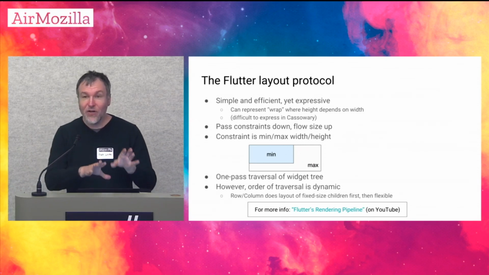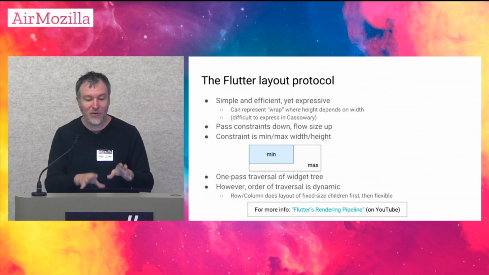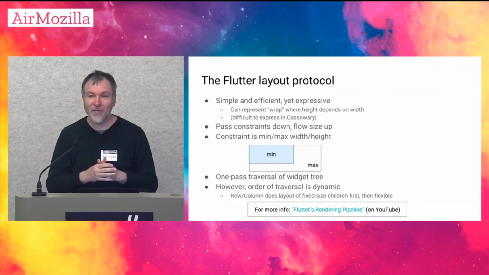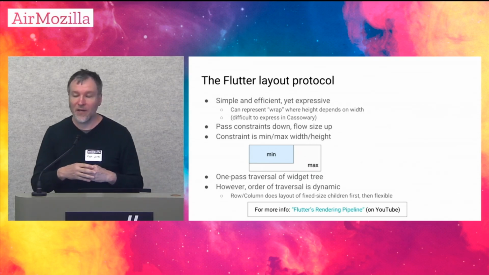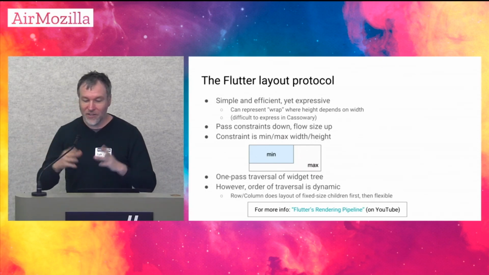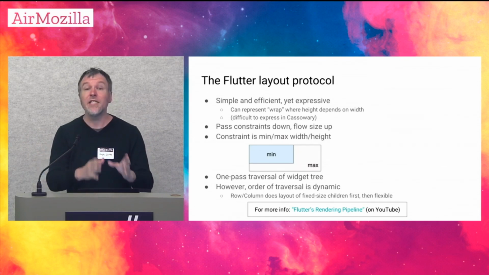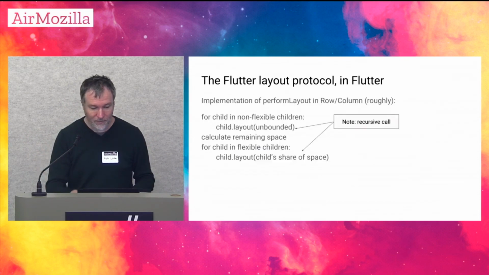But first of all, if you're interested in this and also other details about how to build the guts of a widget system of a GUI toolkit, I really recommend this video, Flutter's rendering pipeline, from a couple of years ago at Google I/O, by Adam Barth. It is very dense. It has a lot of good stuff in it, including a lot more detail about this layout protocol.